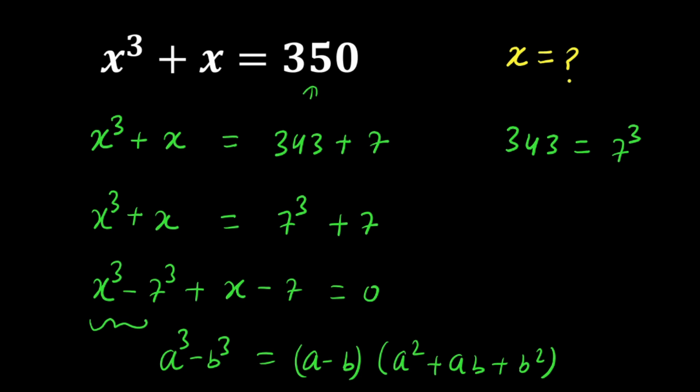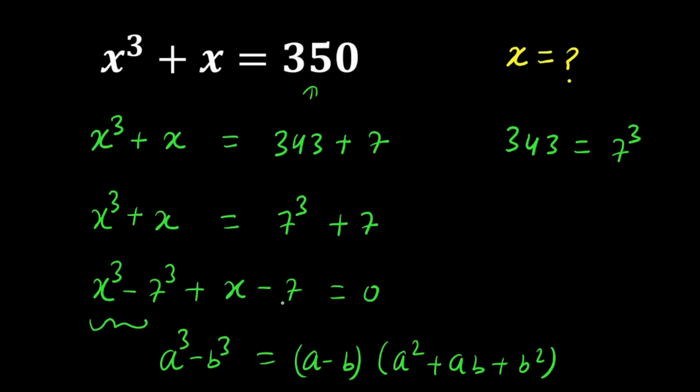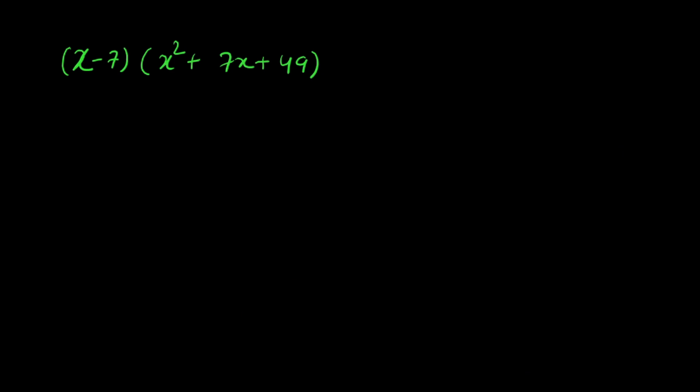So x cube minus 7 cube is x minus 7 multiplied by x square plus 7x plus 49, and here plus x minus 7, and this is equals to 0.